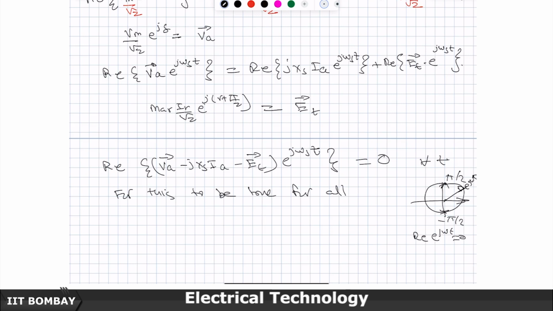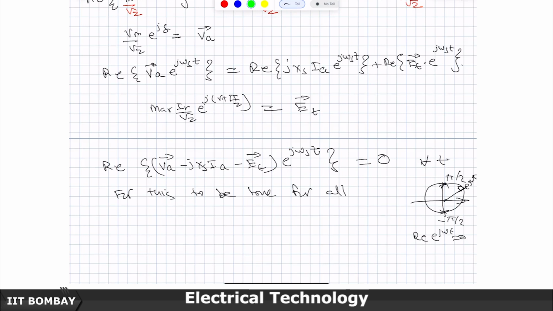But that is not what we are saying here. We are saying here the real part of this number times this is always 0, for all t it is 0.